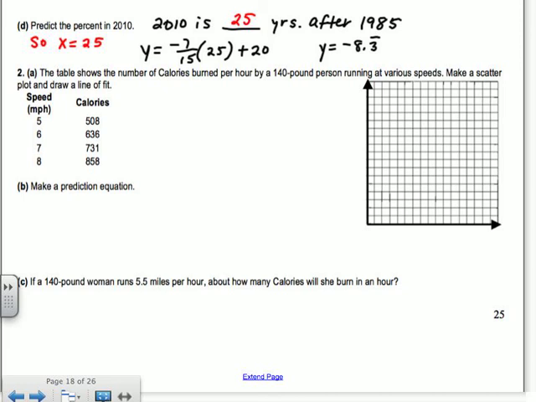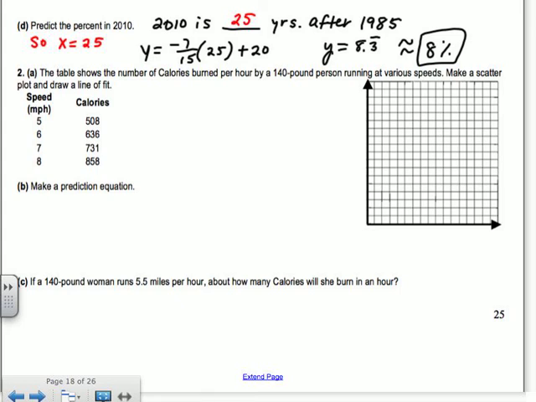Not a negative. Positive. I was like, that doesn't make any sense. Yeah, 8.3. So it's approximately 8% applied in 2010. So I guess people are not interested in those two colleges anymore. People don't apply to them.